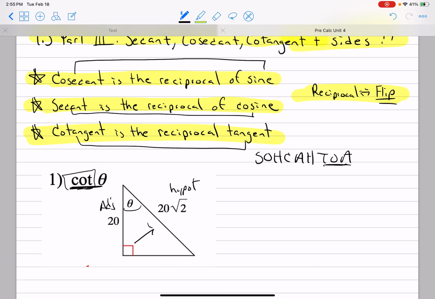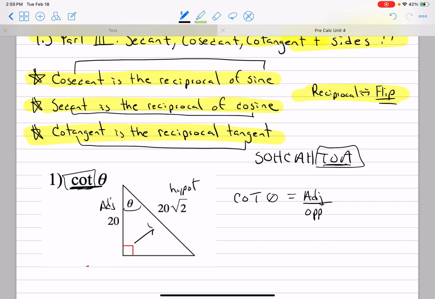Tangent says I need the opposite over the adjacent, so cotangent of theta says I need the adjacent over the opposite. Hopefully that makes sense. I just took tangent and I flipped it. So cotangent of theta means adjacent over opposite.